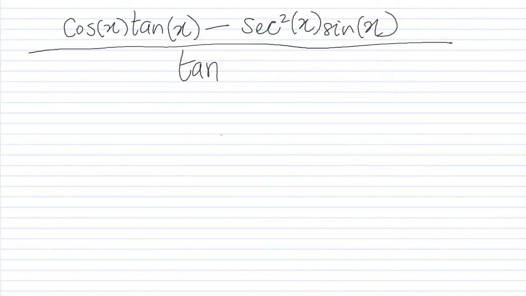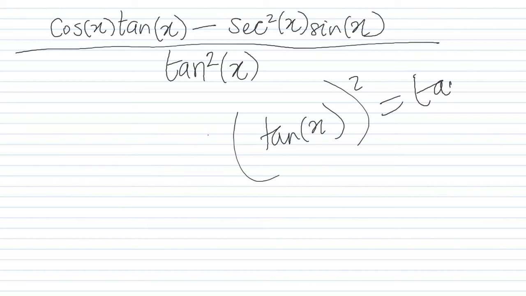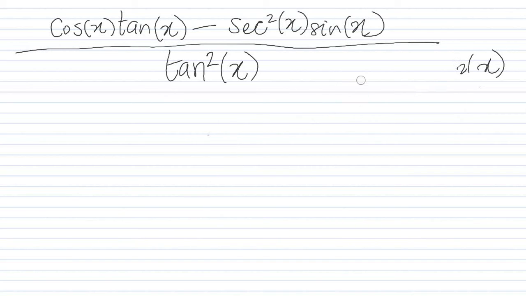I could also call it tan squared of x. Tan x, everything squared, is the same thing as tan squared of x. Nothing is different. It's just a different way of representing it.